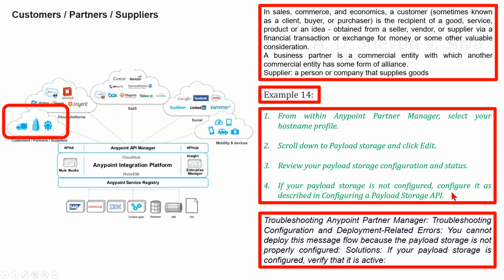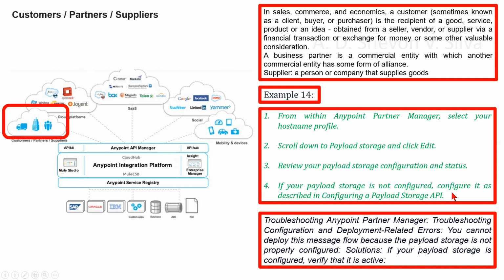Now we are considering configuration and deployment related errors in troubleshooting Anypoint Partner Manager. You cannot deploy this message flow because the payload storage is not properly configured.